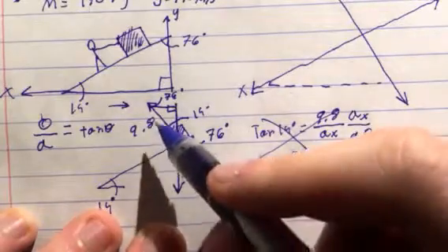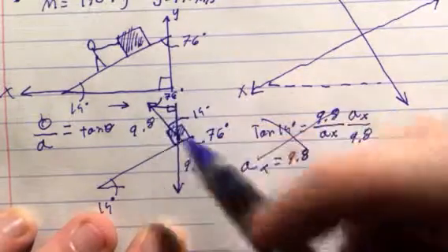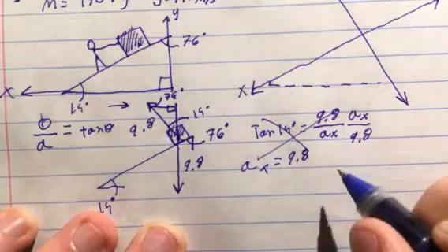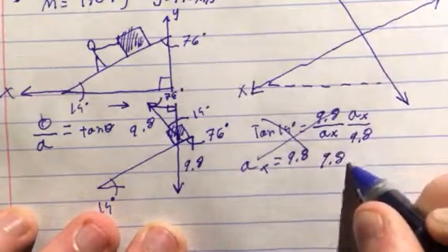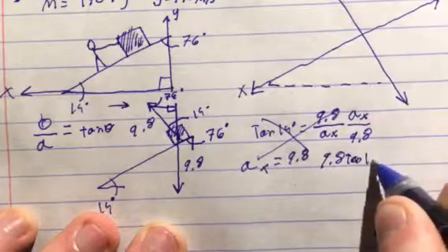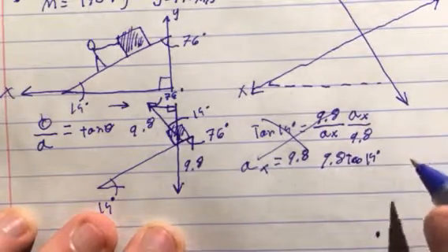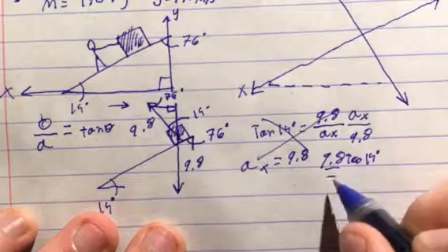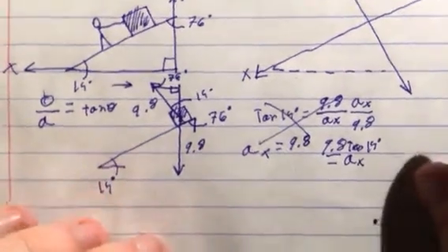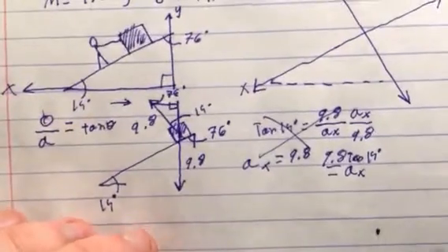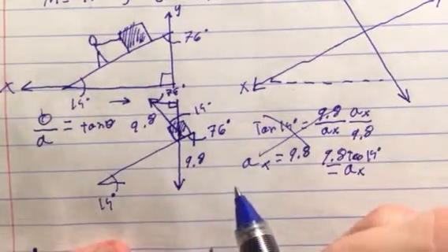I got confused and thought it was the other way around. But basically, this is going to be 9.8 tangent 14 degrees, and that's going to be equal to a sub x. Pardon me, that's just a little bit of mathematical tinkering there.